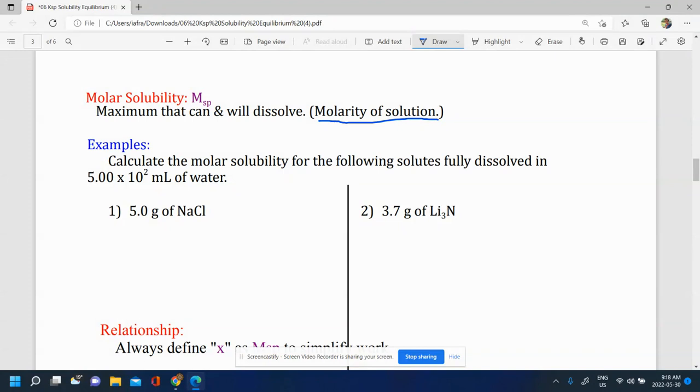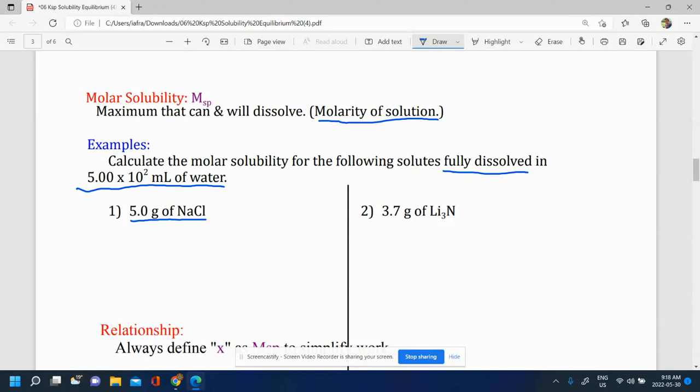Calculate the molar solubility for the following solutes fully dissolved in 5 times 10 to the power of 2 milliliters of water. Essentially, what we're saying is if I have 500 mils of water, I can dissolve 5 grams of NaCl, and I'm telling you that that's the maximum that I could dissolve in that 500 mils of water.